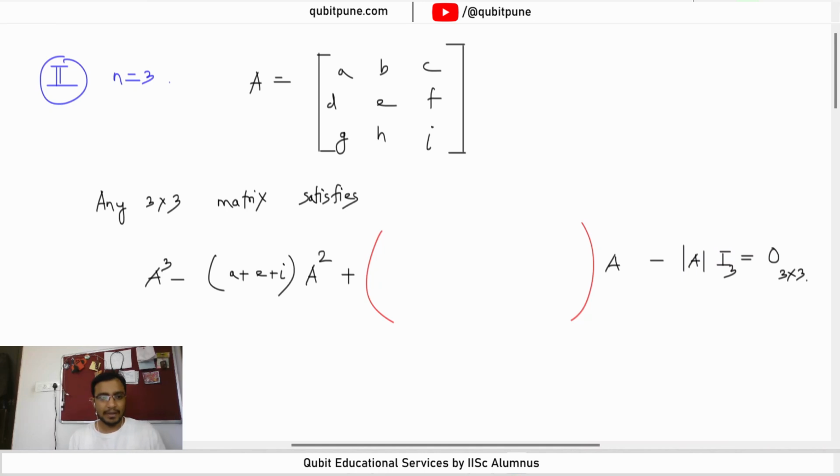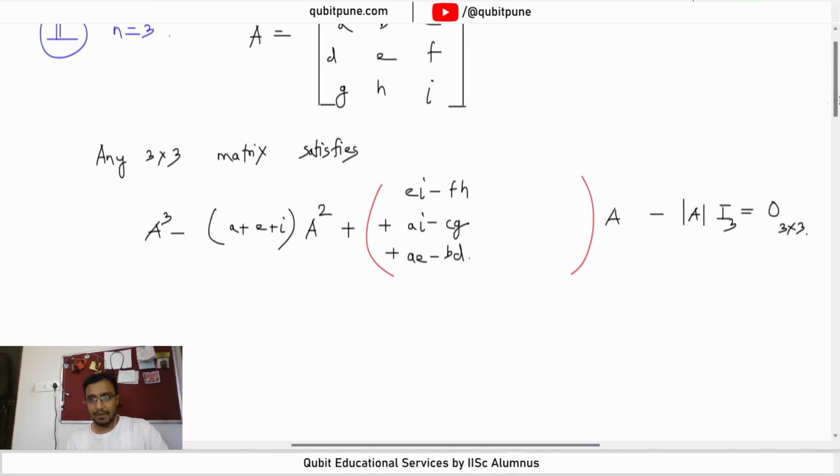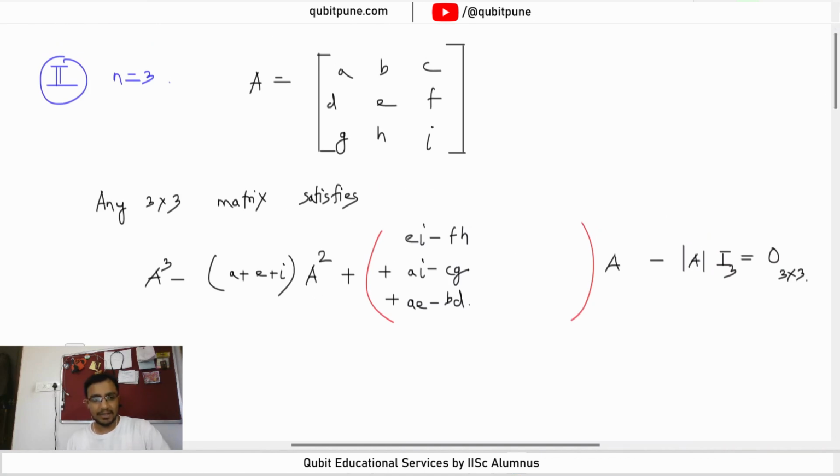Here I write EI minus FH plus AI minus CG plus AE minus BD. In a nutshell, can you guess what I did here? What is EI minus FH? Minor of A. What is AI minus CG?